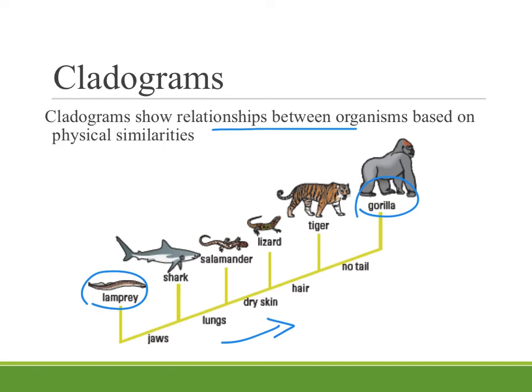So we have our first defining characteristic is the presence of a jaw. So lampreys do not have a jaw. Everybody else on this cladogram will have a jaw. And then as you move up, we see lungs, dry skin, hair, and then whether there's a tail or not being other physical characteristics. So cladograms will have different combinations of animals because it depends on what characteristic is being analyzed.